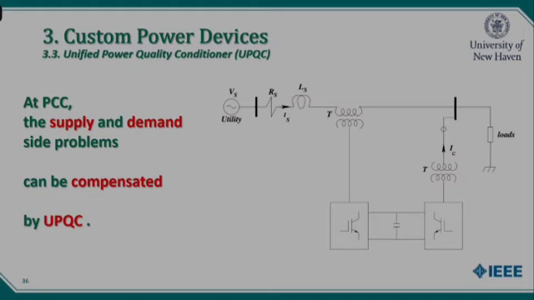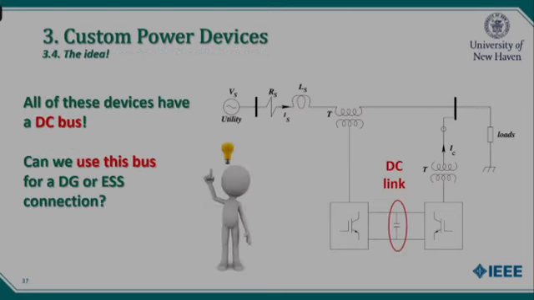The load side is obvious. There is a problem with current, and it is also possible to have problems on the utility side. However, in this case at PCC, the supply and demand side problems can be compensated by this device, as I said, known as UPQC. Next slide.